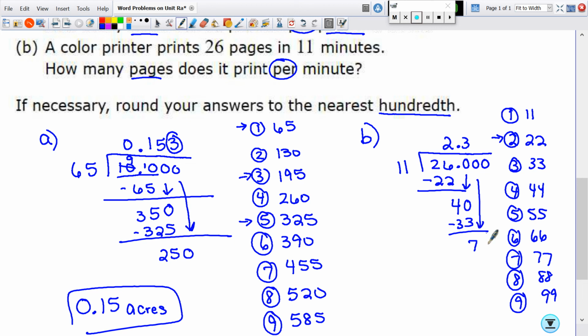Bring down the 0. This is going to be a 6 here. 6 times 11 is 66. Subtract. Bring down the 0. And we've got a 3 as the third number after the decimal. So that means the 6 is going to stay like it is. So it's going to be 2.36 pages per minute is how much it's going to print.